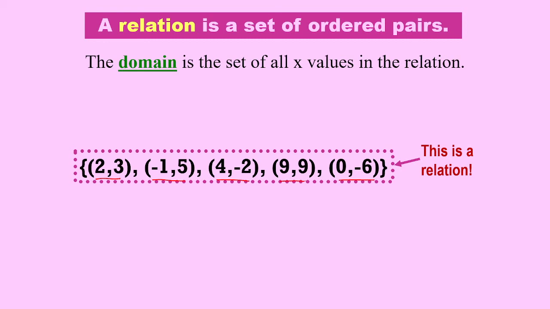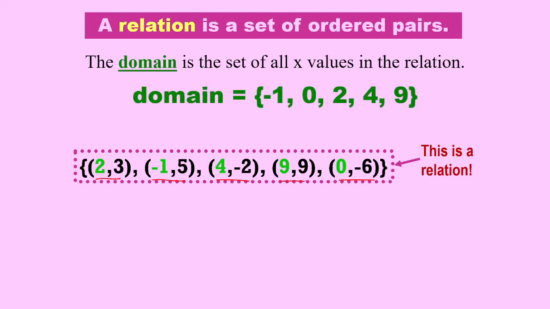Those first numbers are what we call the domain. The first numbers there, the ones that changed color: 2, -1, 4, 9, 0. Those are called the domain.